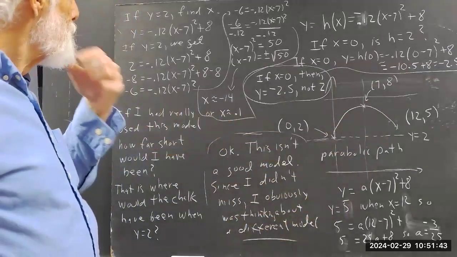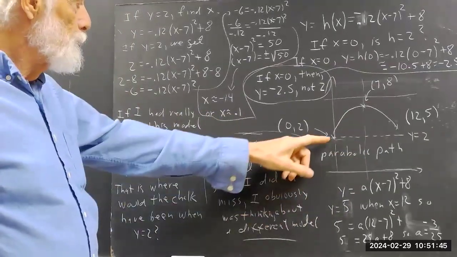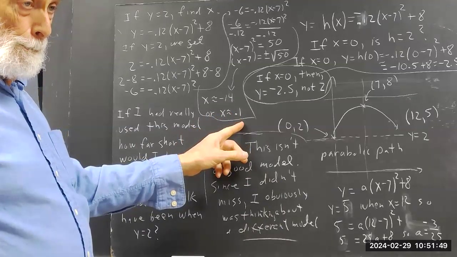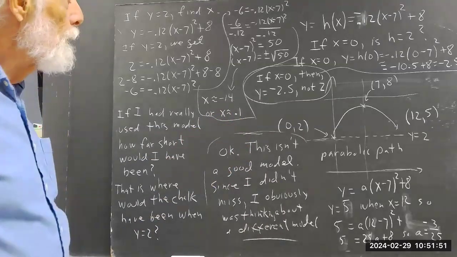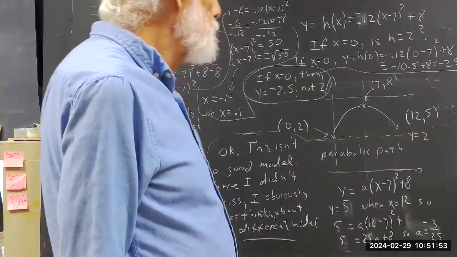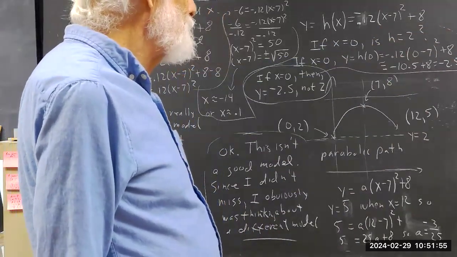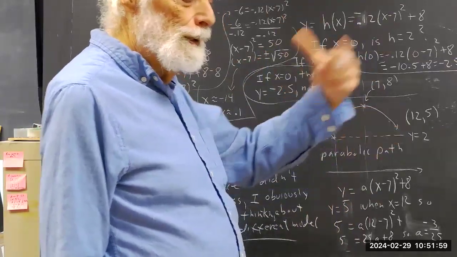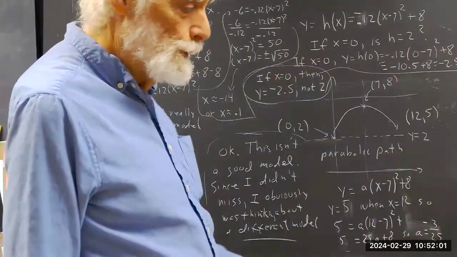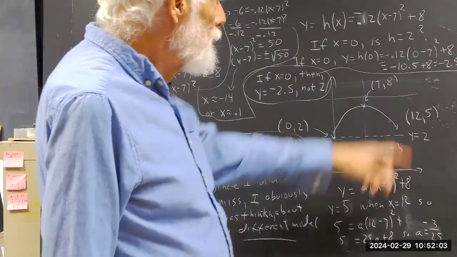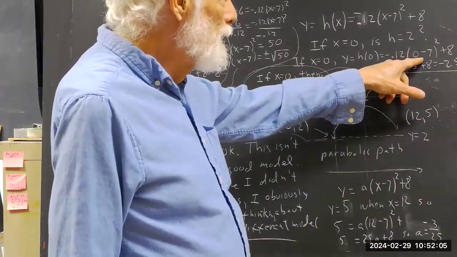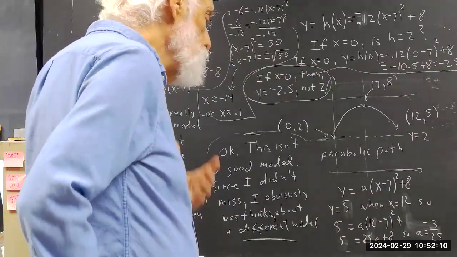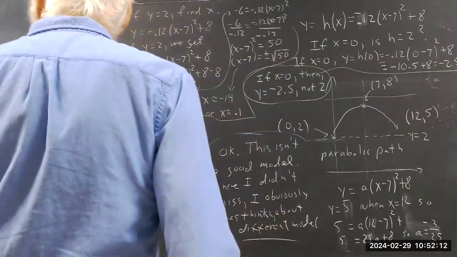This tells me that it should hit 2 when x equals 0.1. Well, over here I did ignorant arithmetic. At one point, I multiplied the 0.12 by 7, got 8.4 because 12 times 7 is 84. And I used that instead of 49 when I squared 0 minus 7. So really, this was the correct model.